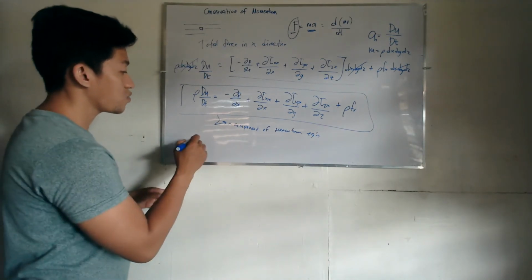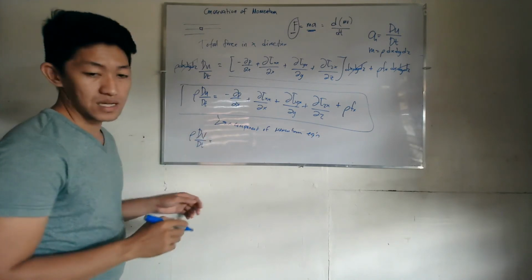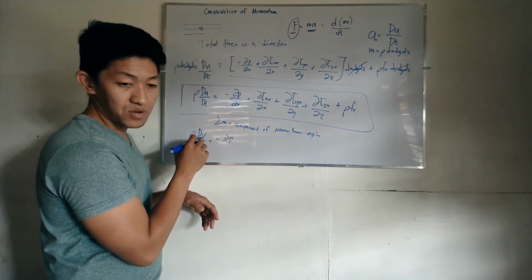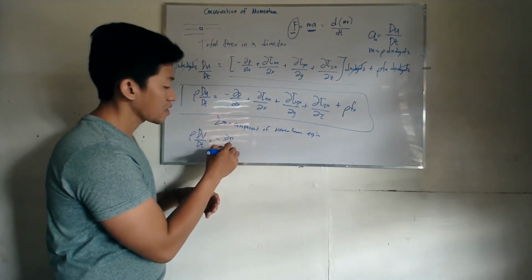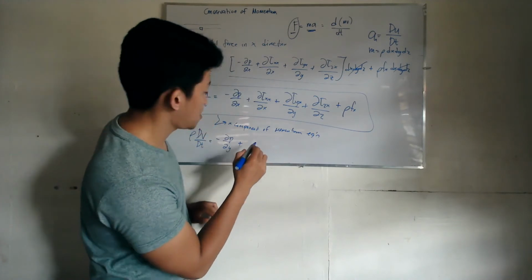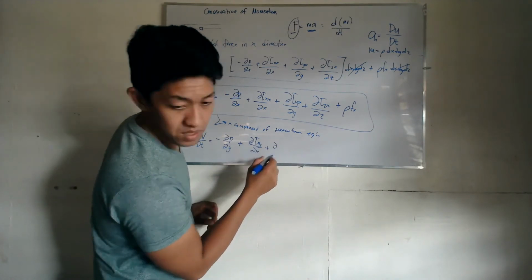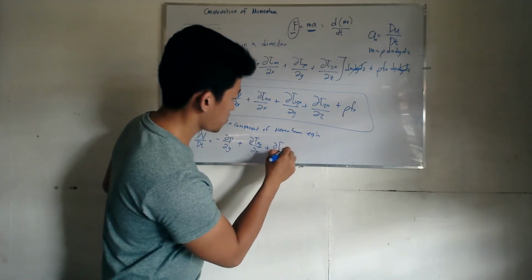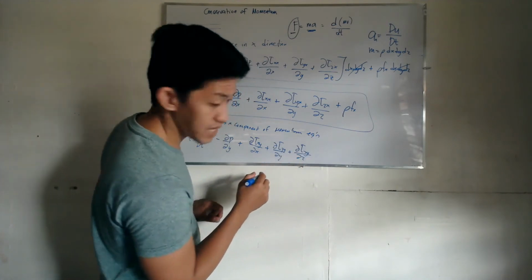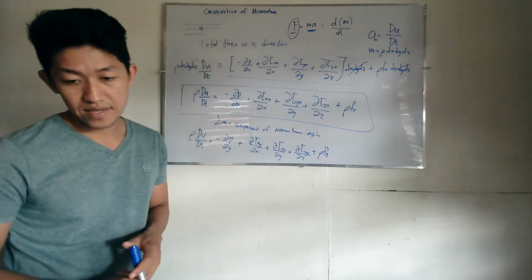It is the same process, analogous: negative partial of p partial y, where v is the velocity along y, plus partial of tau xy plus partial of tau yy with respect to y plus partial of tau zy with respect to z, plus rho fy. Okay?